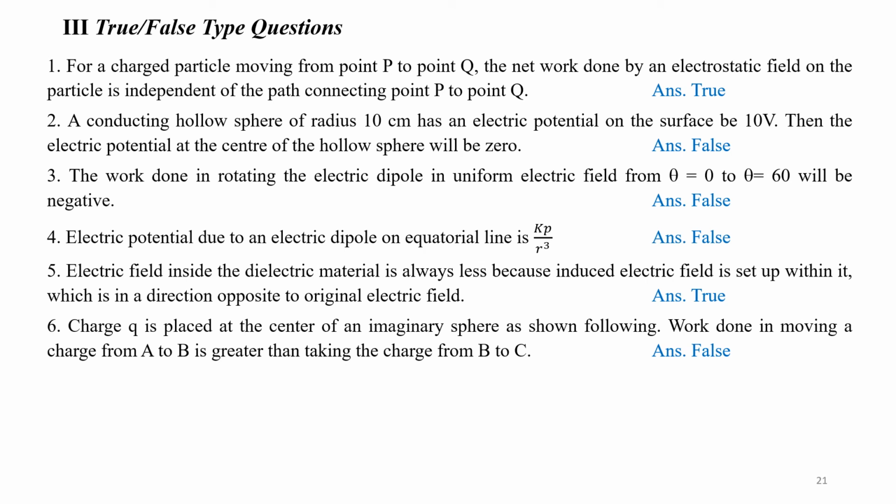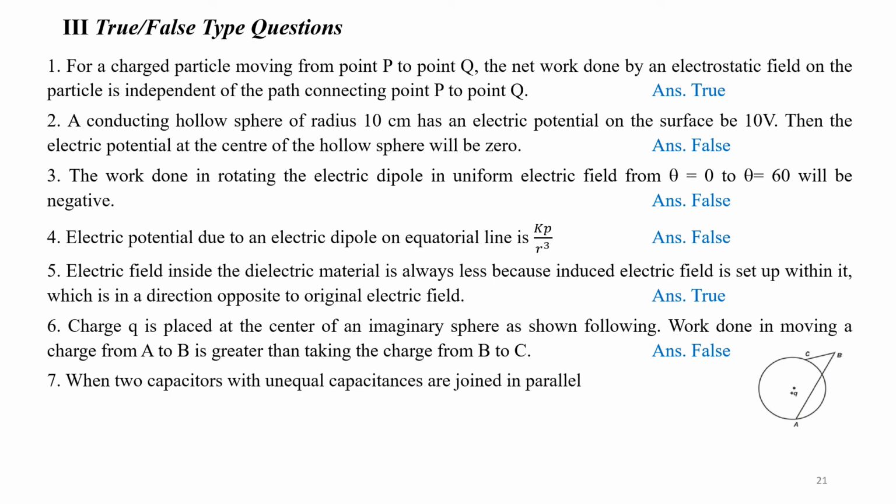Question number 6. Charge Q is placed at the center of an imaginary sphere as shown in the following figure. Work done in moving a charge from A to B is greater than taking the charge from B to C. This is the figure given. Here there is a charge. It is false, because work done is the difference between the initial and final, and it is independent of the path.